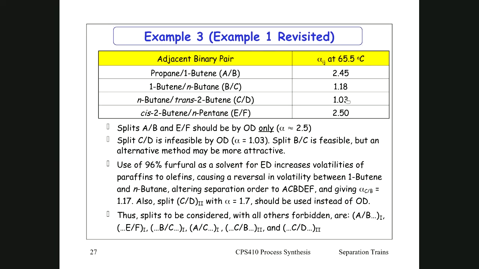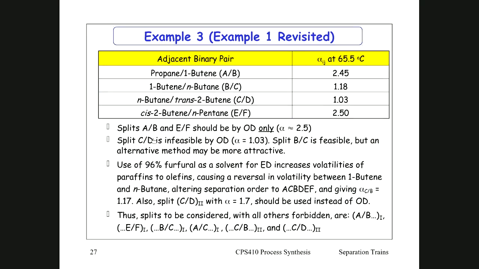This one, it's infeasible to do ordinary distillation because we've already said you can't do ordinary distillation if your alpha is less than 1.05. So we have to do something to separate butane from trans 2-butene. And that's where we added the furfural.